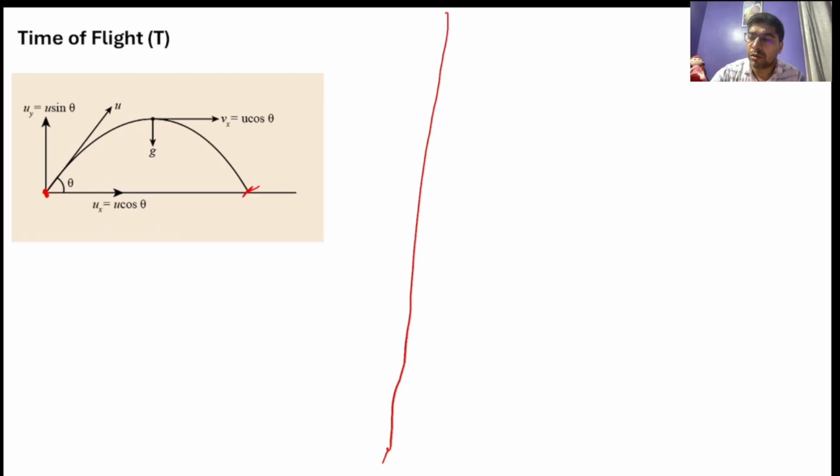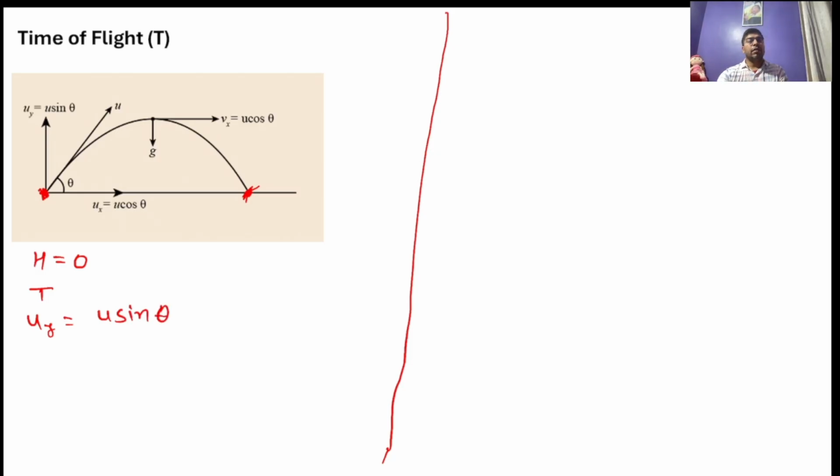So the first way: total displacement in the vertical direction is how much? See, initially it was at the ground, finally it was at the ground. So total vertical displacement is how much? 0. So h we can write as 0. In how much time? Total time of flight t. Clear? And the initial vertical velocity we already know, u sin theta, right?